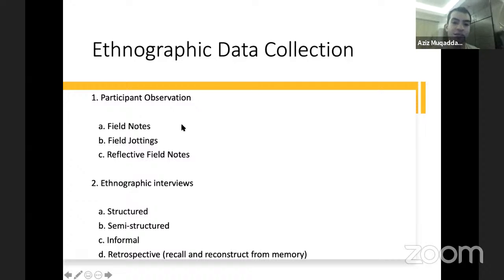And then we have ethnographic interviews, and they follow exactly the same types we talked about when we discussed interviews. Ethnographic interviews, as opposed to focus groups, are done in the natural setting. So I'll go and interview nurses while they're on duty in the hospitals, for example.